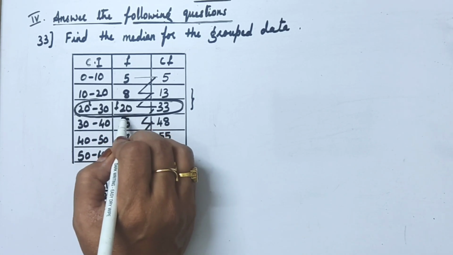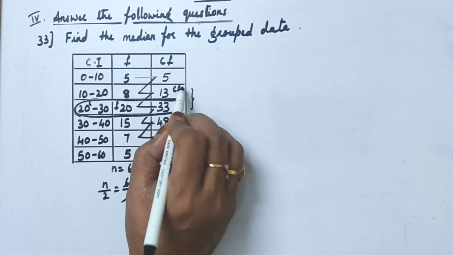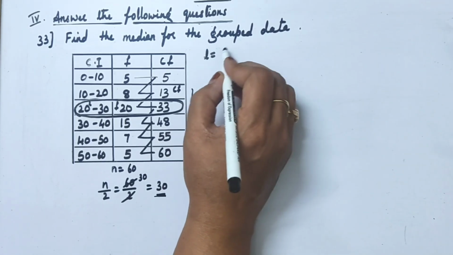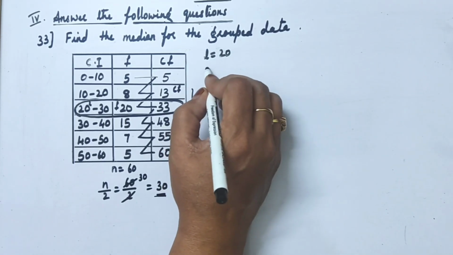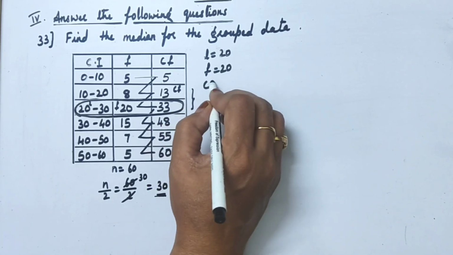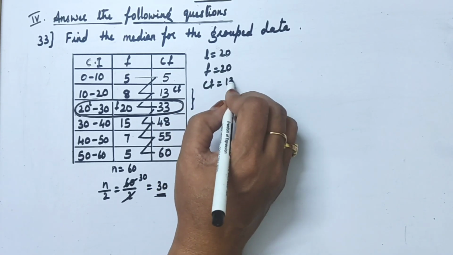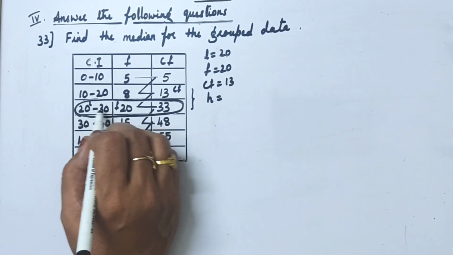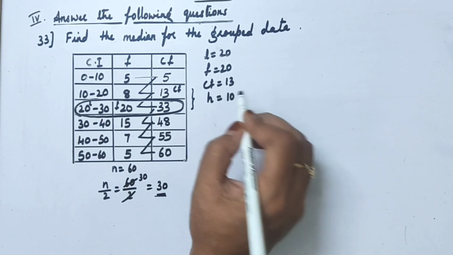This is the frequency, and this will be the cumulative frequency. Let me write here. L equals 20. Then f equals again 20. Cumulative frequency is 13, right? Now the size of the class interval, when you subtract these two, I'm going to get here 10.